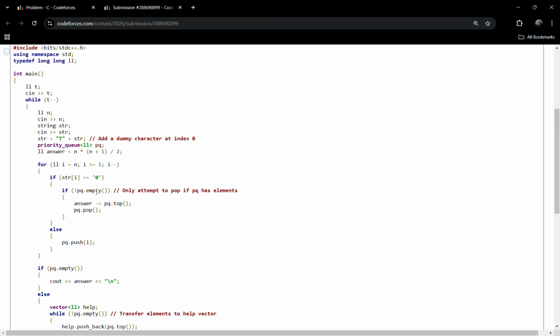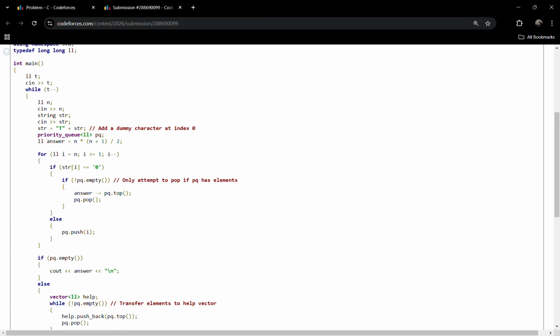So I'm maintaining this priority queue, and if str of i is equal to 0 and pq is not empty, then we know that we have stored some indexes which are yet to be neutralized, neutralized in the sense of getting a discount.